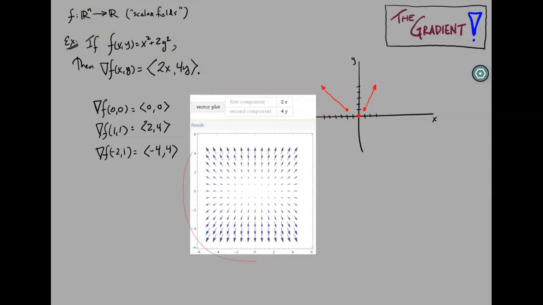So you start with a scalar field, you take the gradient, you end up with something like this, which really does correspond to a vector field. Not every vector field, by the way, is the gradient of a scalar field, but those vector fields that are gradients of scalar fields have special properties, which, as I say, we may get to at the very end of the quarter. I just mention it here as something to look forward to.